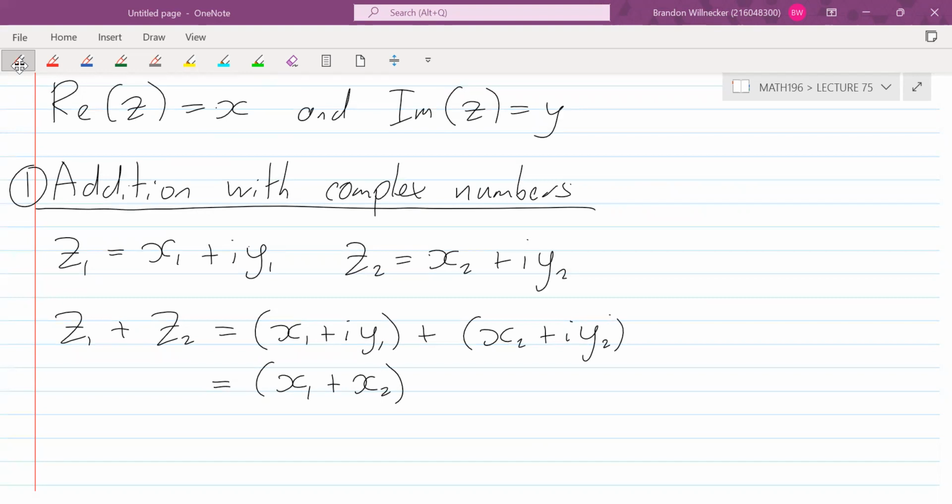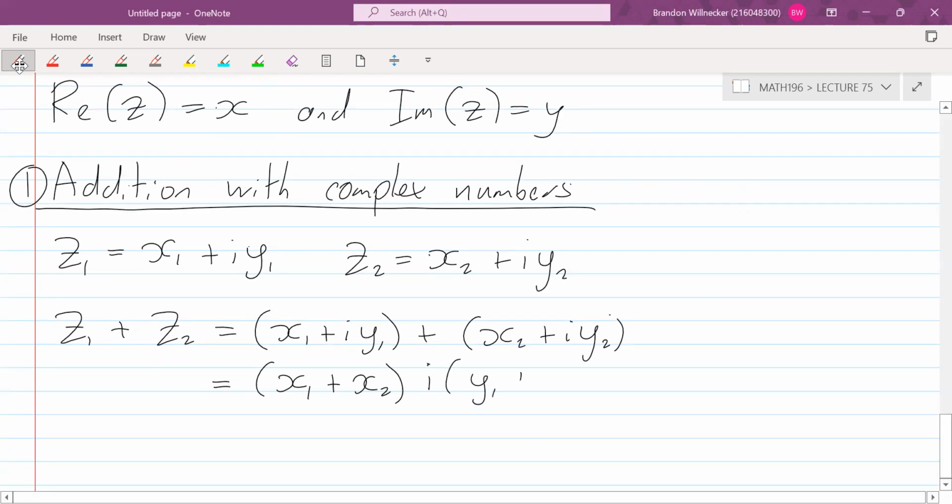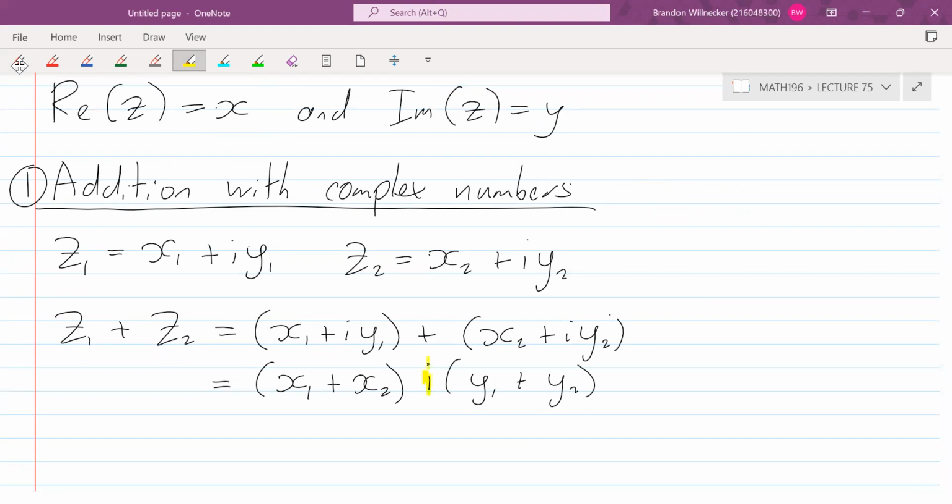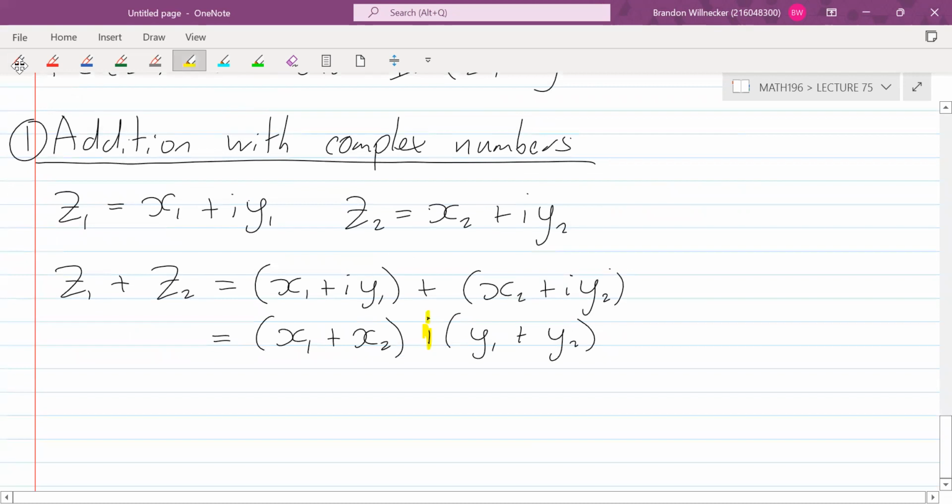But we can just factor out this i. So we get i times (y1 plus y2). And you see that the result is again a complex number. So this x1 plus x2, that's going to be the real part.